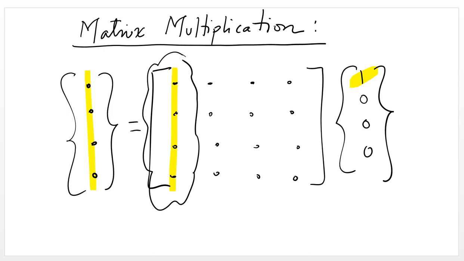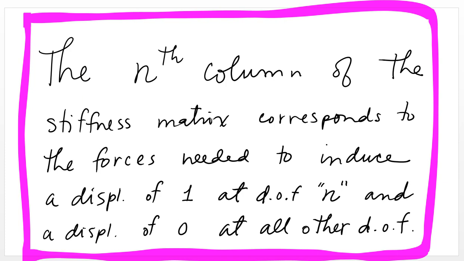So how can that help us to determine the stiffness matrix of a structure? Well, you can see that the nth column, n being any number from 1 to the total number of degrees of freedom, of the stiffness matrix corresponds to the forces needed to induce a displacement of 1 at degree of freedom n and a displacement of 0 at all other degrees of freedom.